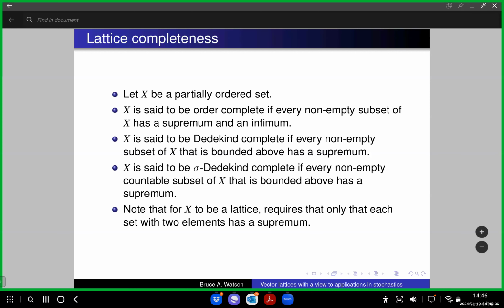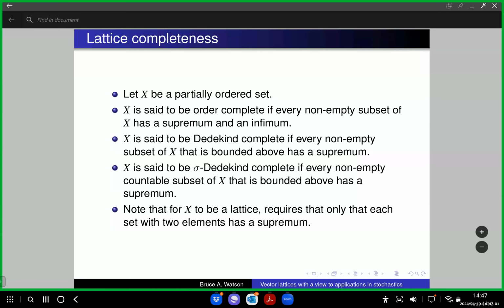No, what I want to say along with Zurab is, in the second bullet point, if you take an empty set, its supremum is still the smallest element, and its infimum is the largest element. So it's order complete if every subset has a supremum and an infimum. Yep.